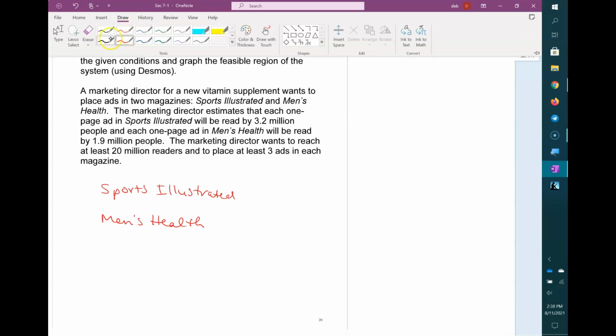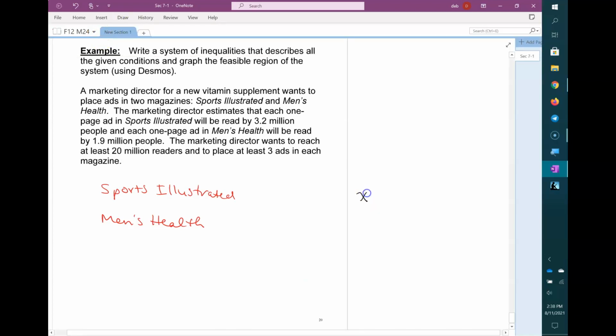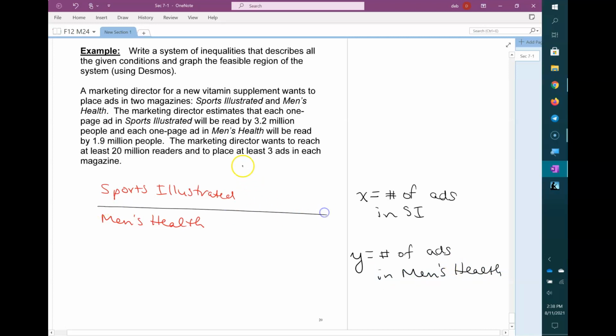Well, I can kind of tell already that I'm going to probably want X to be the number of ads in Sports Illustrated and Y to be the number of ads in Men's Health. Okay, so the number of ads is going to be X and Y.